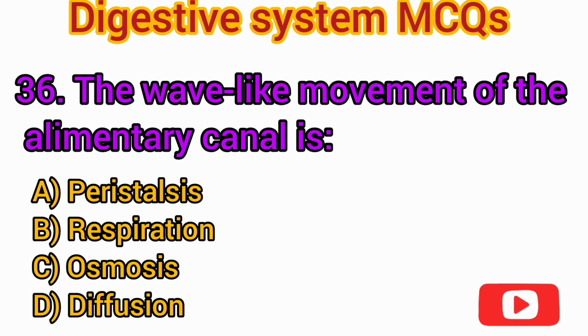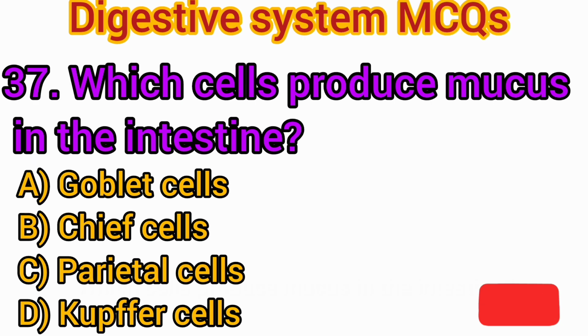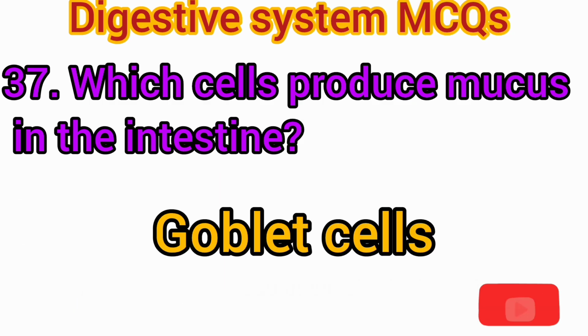The wave-like movement of the alimentary canal is... peristalsis. Which cells produce mucus in the intestine? Goblet cells.